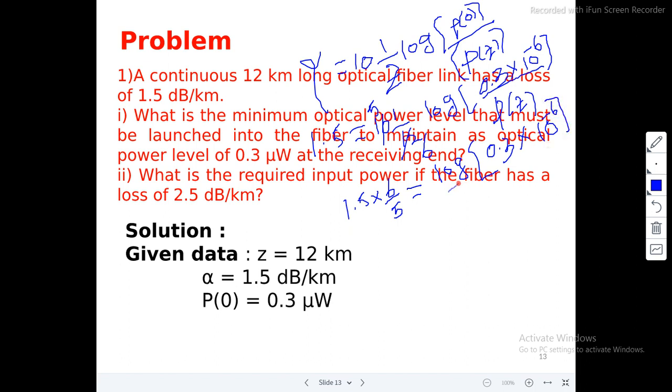First, simplify 1.5 into 6 by 5. 6 by 5 is nothing but 1.2. So 1.5 into 1.2 is equal to 1.8.